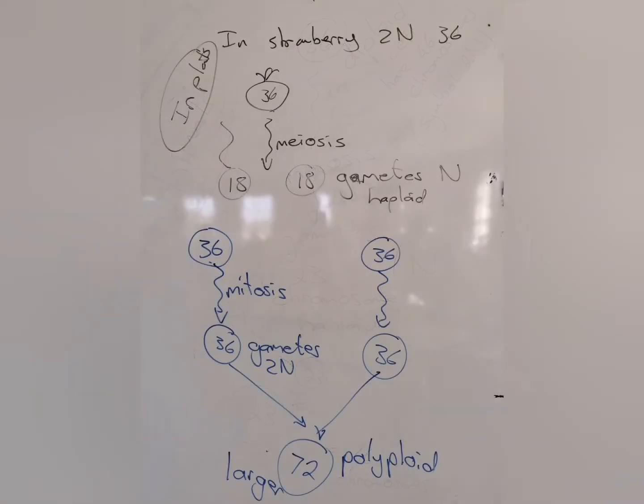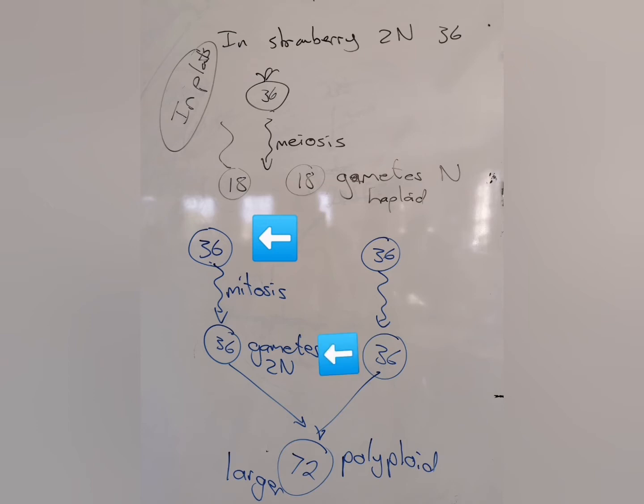But sometimes what we see in plants, so it doesn't happen in animals, just in plants, is we see that, for example, in strawberries this happens, that if there's 36 chromosomes in the diploid state of a normal strawberry, that they have the ability to undergo mitosis and form gametes.